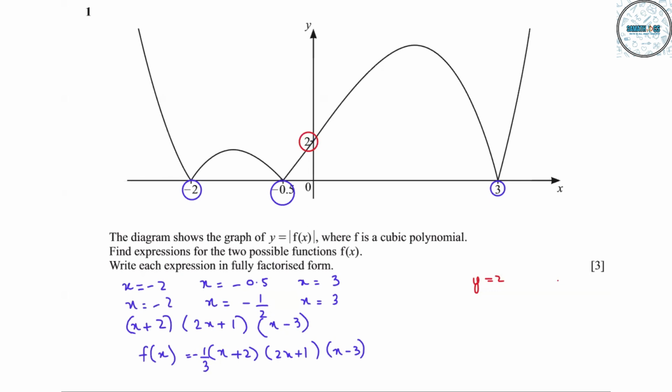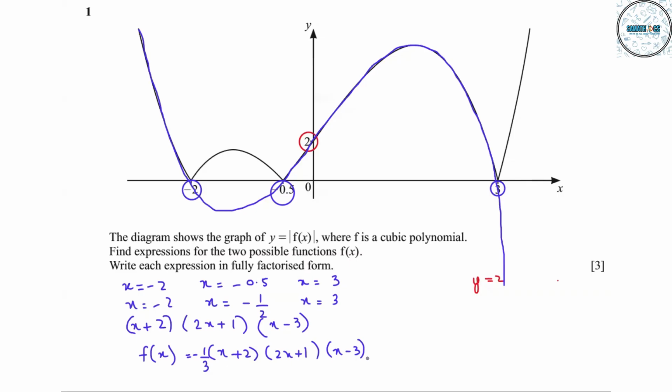Now, for this y-intercept, the sign is to be negative and the original curve is to be like this, starting from here and then from here and then this, and then this has to be like this.